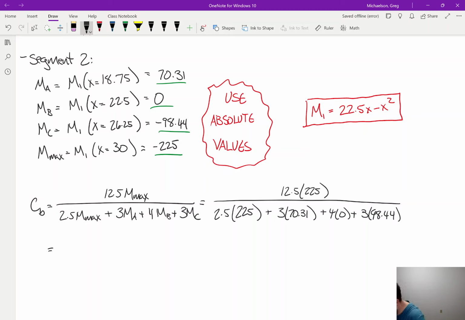I'm getting 2.632. I want to verify that. I don't have my notebook with me because it's in the office and I can't get to the office.